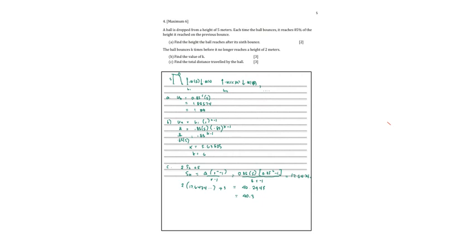So we will be using the formula 0.85 raised to 6 times 5. It will be at 1.89 meters. Sorry, I forgot the unit. And then the ball bounces k times before it no longer reaches a height of 2 meters.